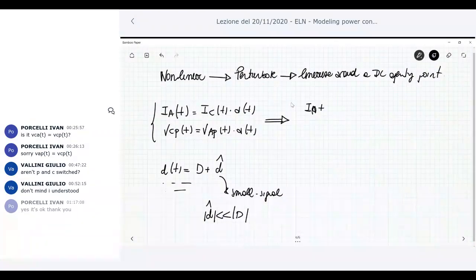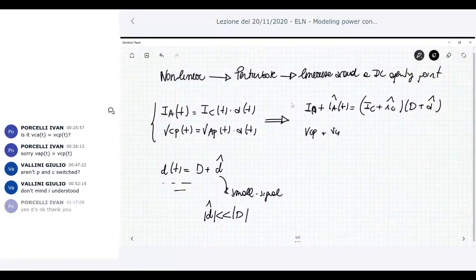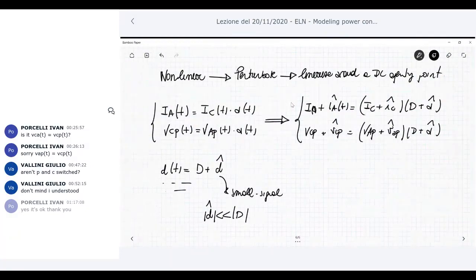So this is IA, which is equal to IC, with the duty cycle D plus d hat, and VCP, which is equal to VAP, DC plus VAP AC small signal, multiplying D plus d hat. Okay, so I perturb around the DC point with a small signal variation. Now I can do the multiplication.